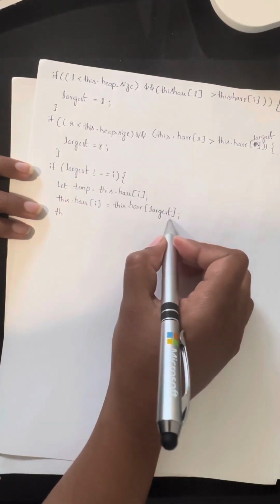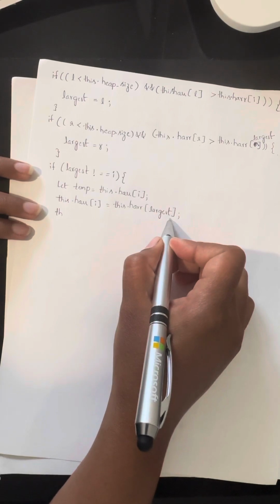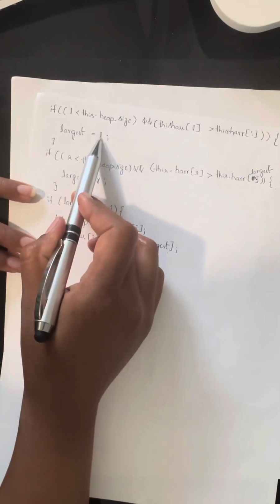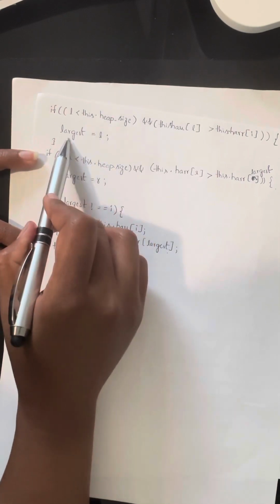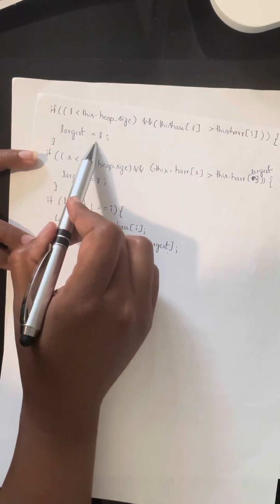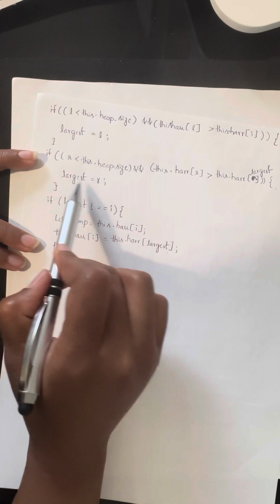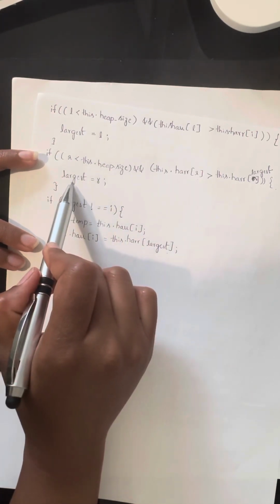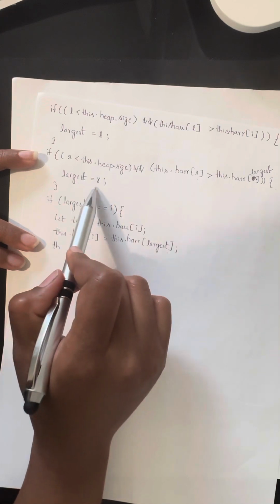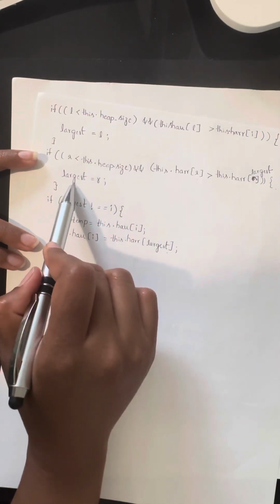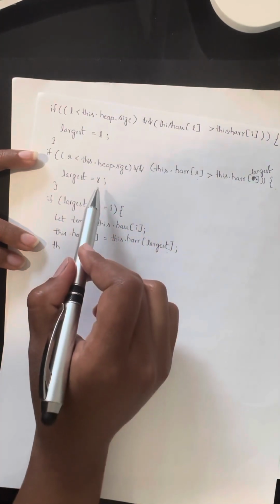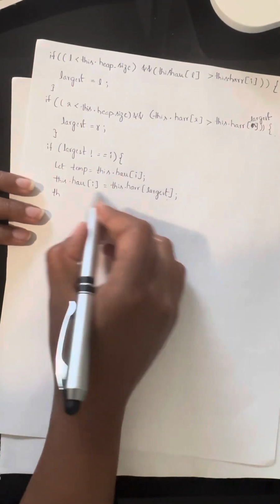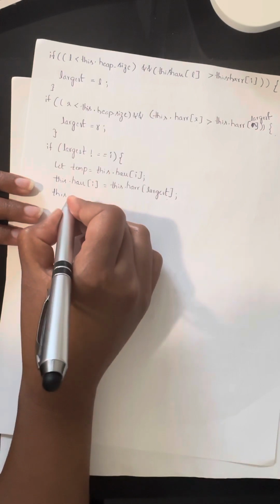In the largest we have the index of the element which is largest. So if the left child is largest, then in the largest we have the index of the left child. Otherwise, if the right child is greater, then we have the index of the right child in the largest. So we are going to swap them.